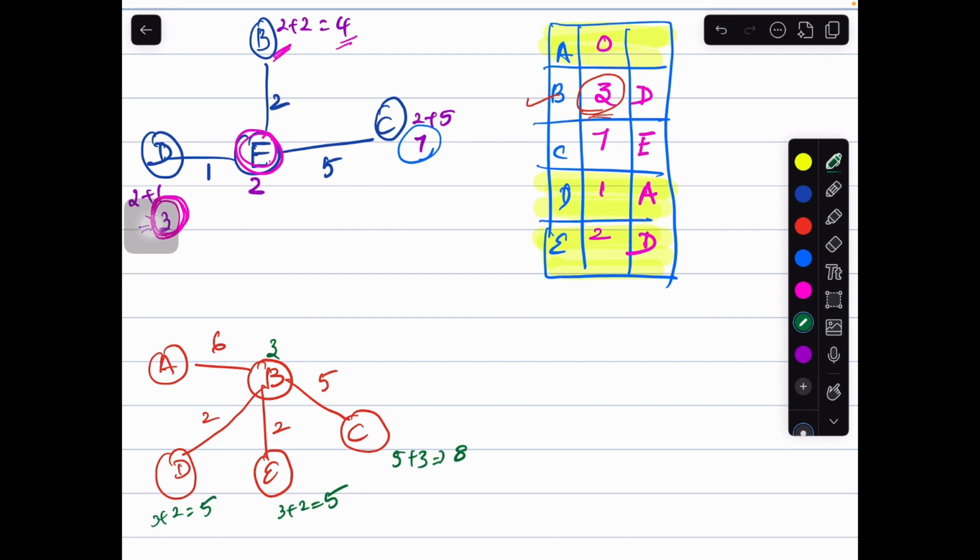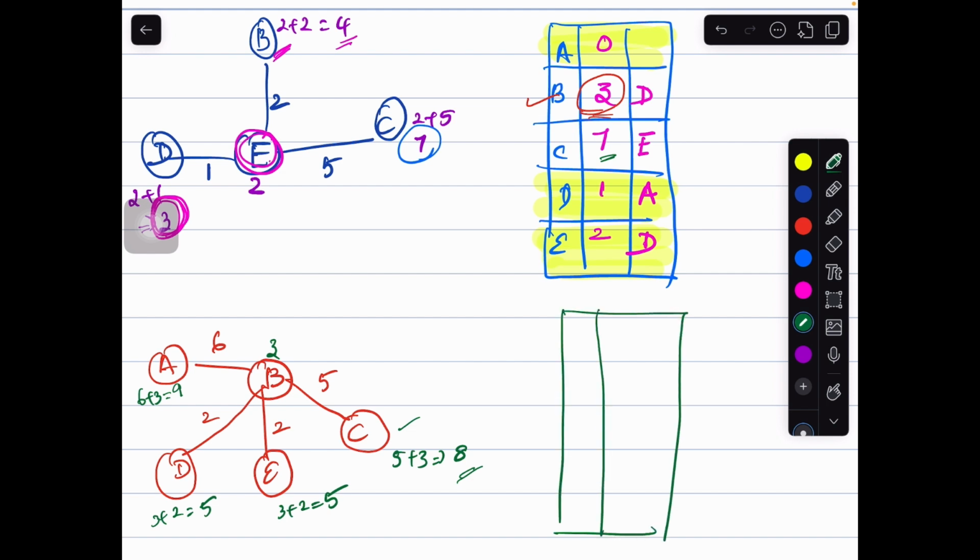Now B to A, 6 plus 3 is going to be 9, right? So now let us see whether we have to update it in the table. So for C, the cost is 8 through B, but it is already 7 here, so we don't have to update in the table. So let us draw this.